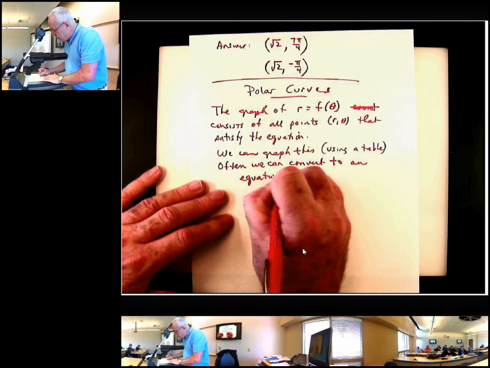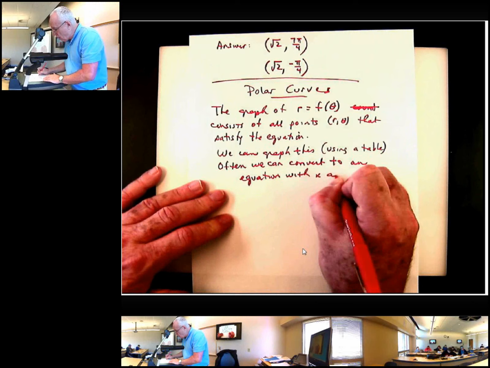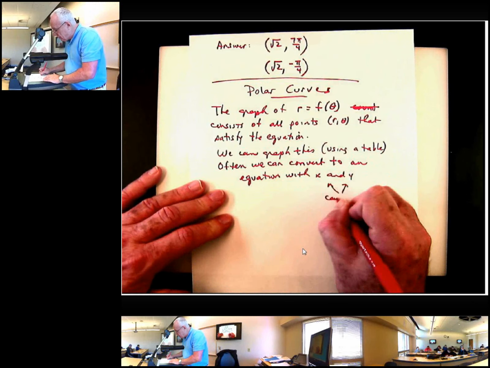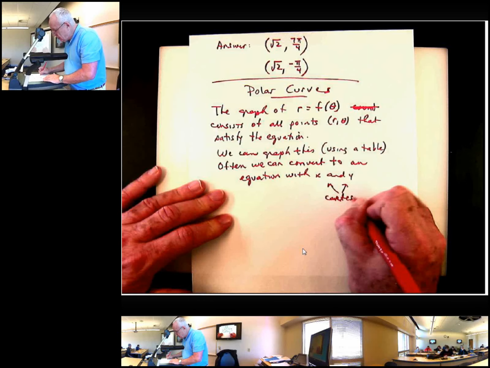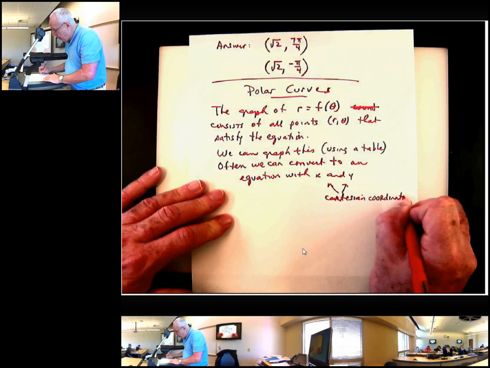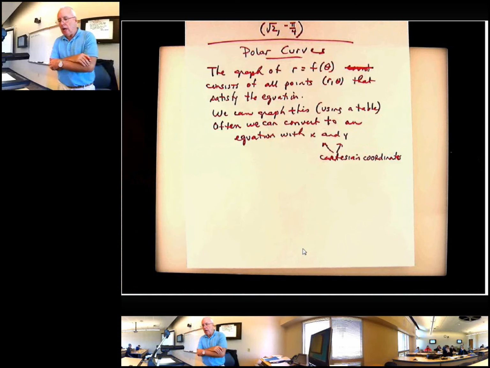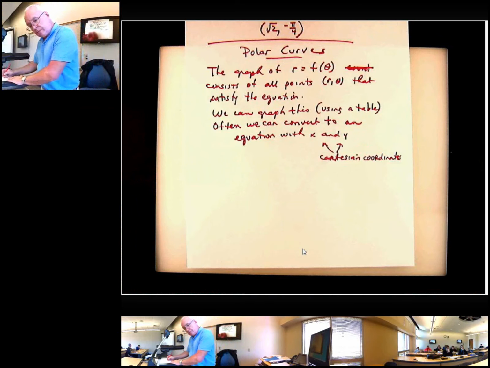And of course, these are the Cartesian coordinates. All right. Let's just look at a couple of examples here today then.